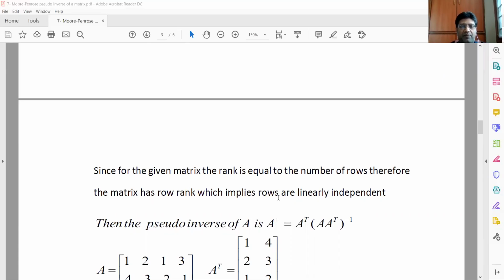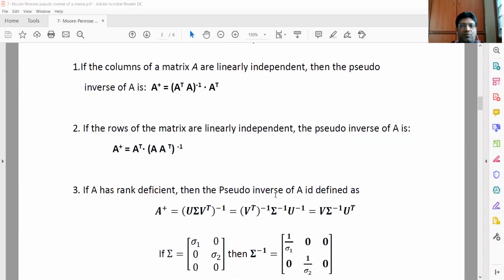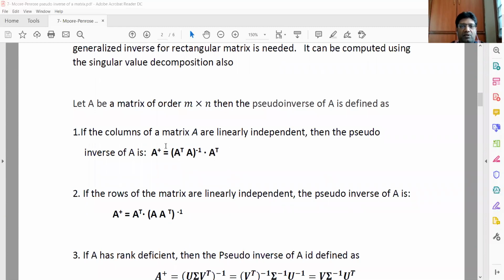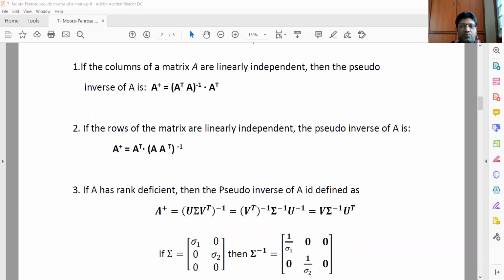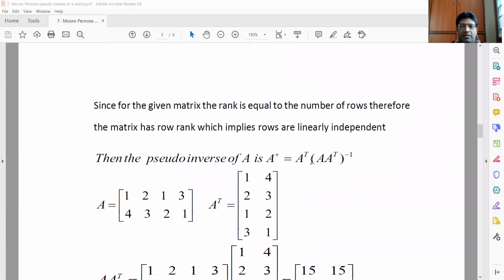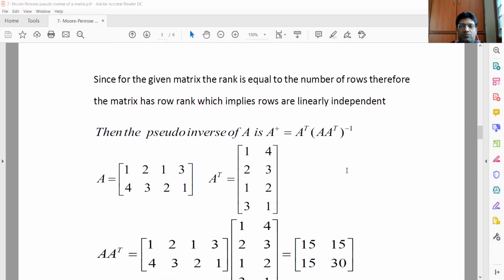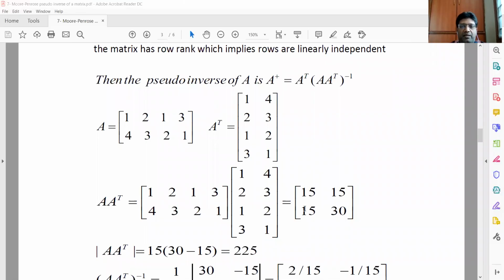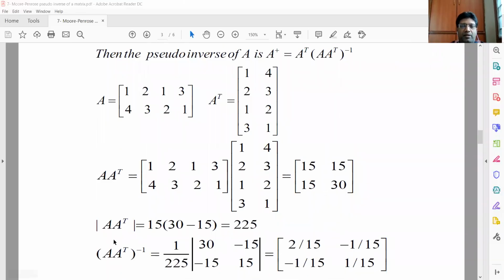Whenever it has row rank, we have seen the formula is this one: A transpose into AA transpose inverse. So A is given, calculate its A transpose, multiply, and we'll get a matrix here. Next, we need its inverse, right?